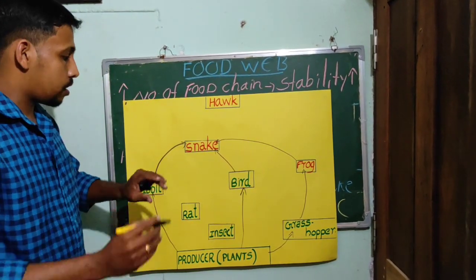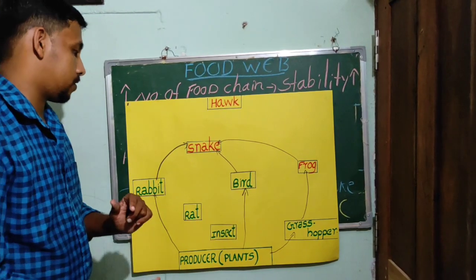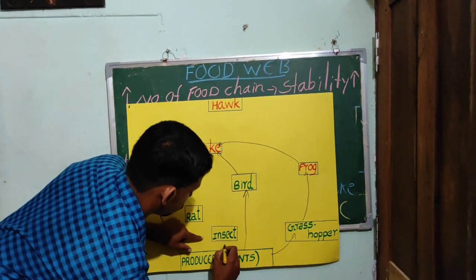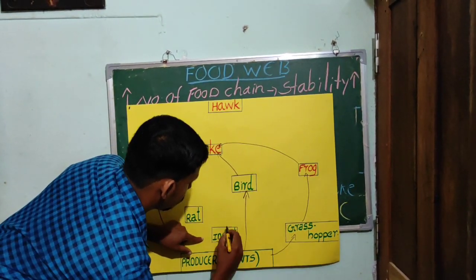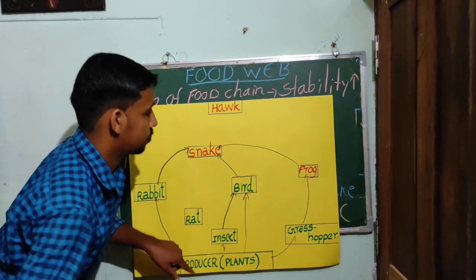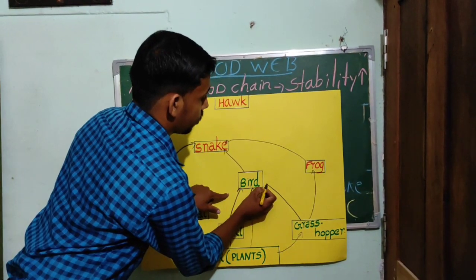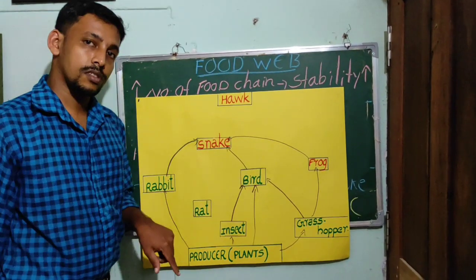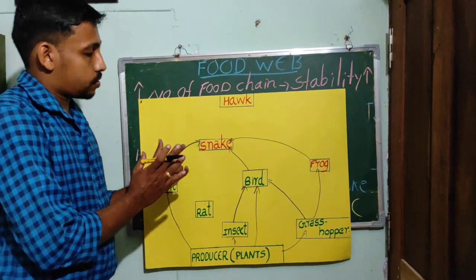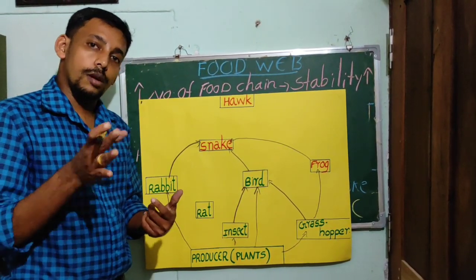So we can make different types of food chains. Then here also, the same grasshopper can also be eaten by the bird. So the carnivores can eat more than one type of herbivore.